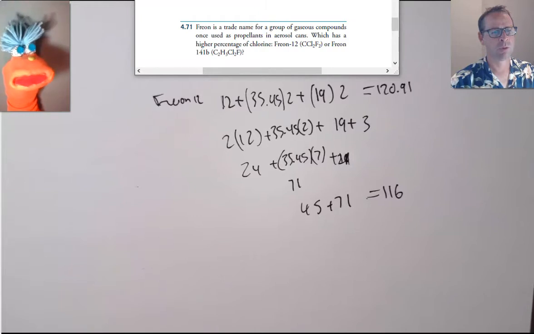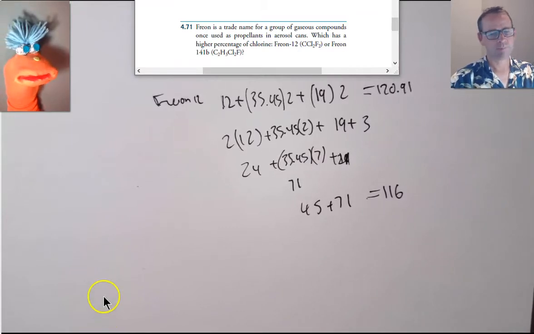You have a carbon, which is 12, and 3 hydrogens, 13, 14, 15, for a fluorine, which is 19. Oh, you're right. Very good. So the bottom one is going to have a higher percentage of chlorine. Good job. So again, we would take our contribution by the chlorine, 71, and divide it by each of these, right? Both of them contribute 71.